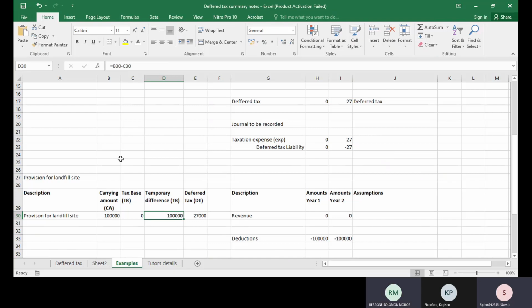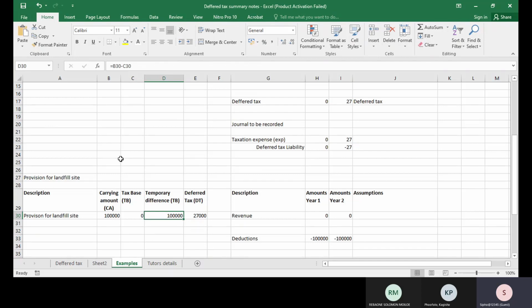So SARS is going to give you a deduction when you actually pay. Meaning that when the contractors start rehabilitating the land, you're paying the laborers for rehabilitating the land, you pay the bulldozers for clearing the land and so on, you're going to incur a total expense of 100,000.